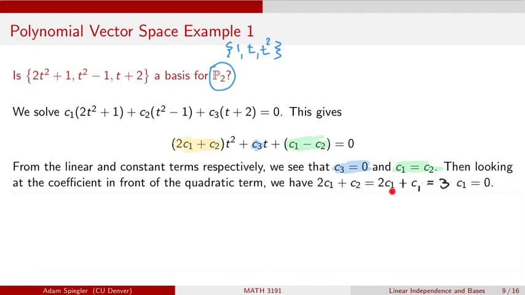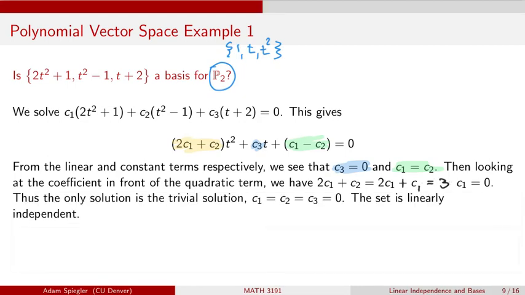So in other words, I get 2c1 plus another c1, which is 3c1, and that has to equal 0 for us to get the zero polynomial back. So now this tells me that c1 has to equal 0 in order for this coefficient to be equal to 0.